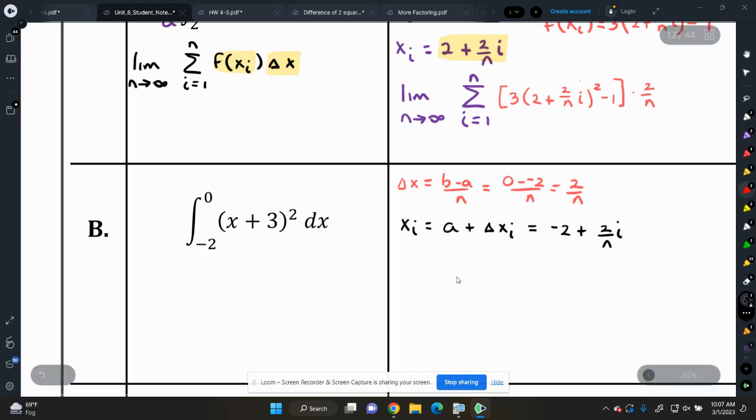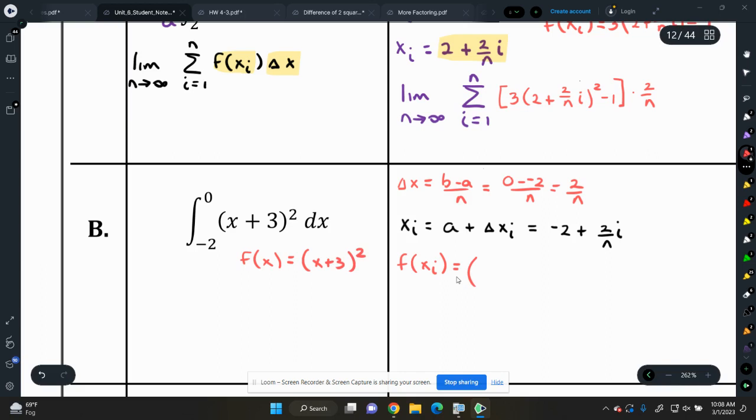Grace, what now? You find f of x sub i. Yeah, f of x sub i, right. We can see f of x is x plus 3 squared. So f of x sub i is (negative 2 plus 2 over n times i) plus 3 squared, which we can rewrite as (2 over n times i plus 1) squared.